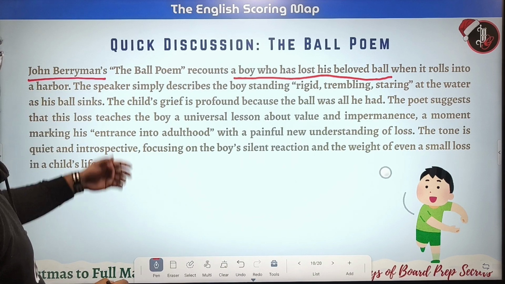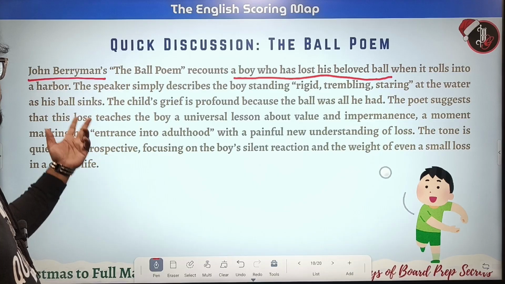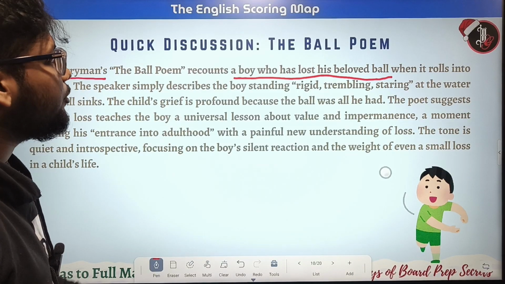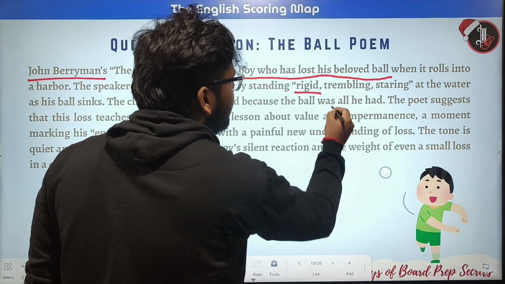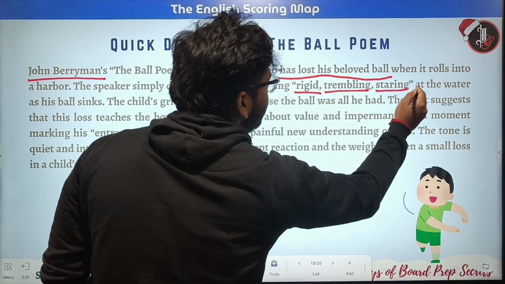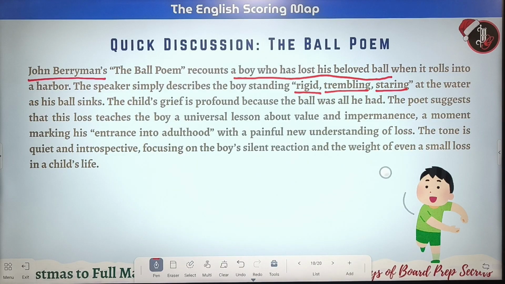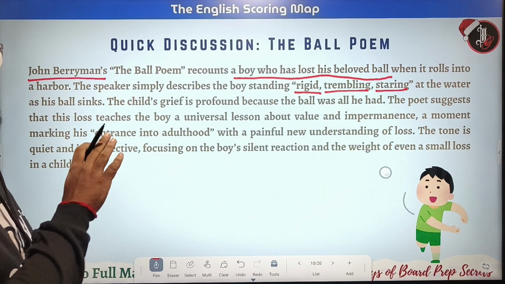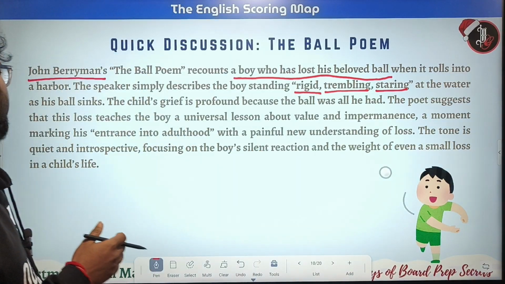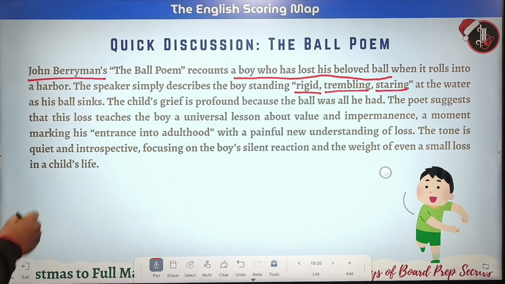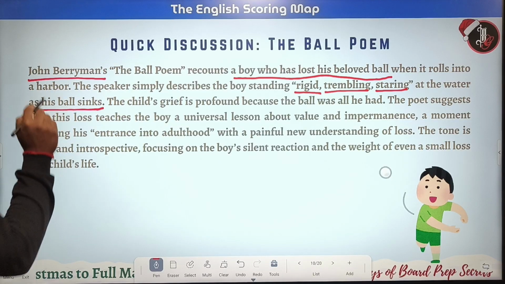The speaker simply describes the boy standing rigid, trembling and staring. We all know the words rigid, trembling, and staring, at the water as his ball sinks.